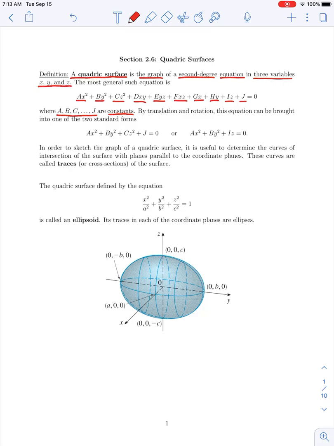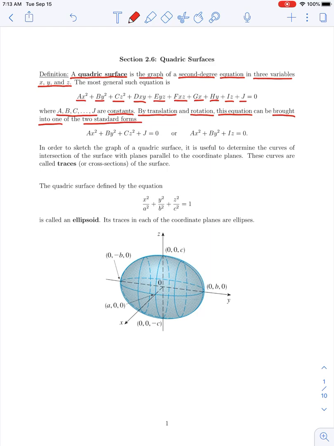So this is the most general second-degree equation in three variables, which is quite complicated looking because it involves so many terms.